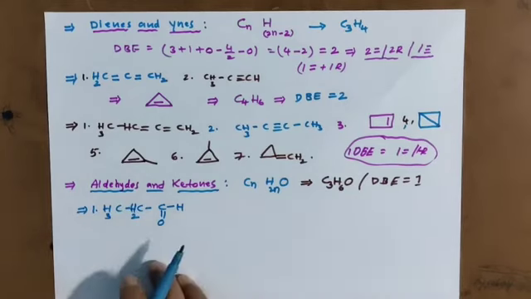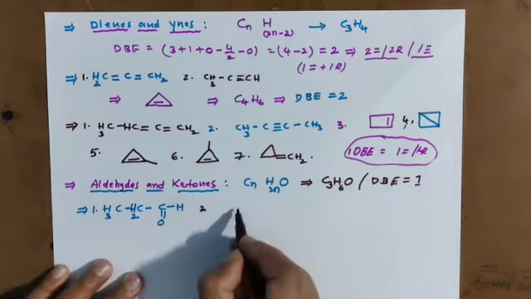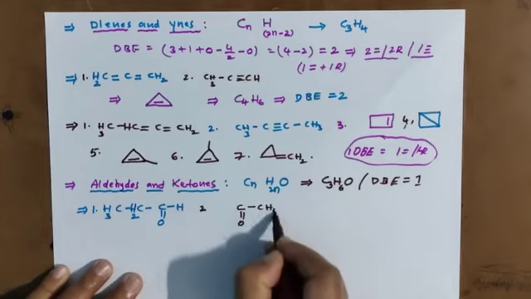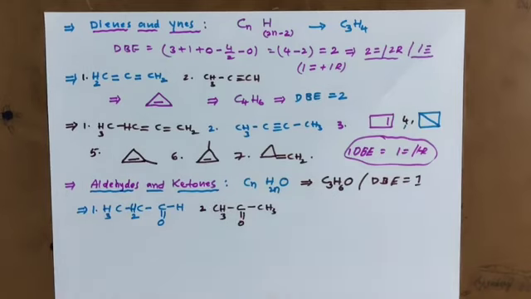We now got propanal. And you get a ketone. Ketone means C double bond O, CH3 and here CH3. Dimethyl ketone, or acetone.